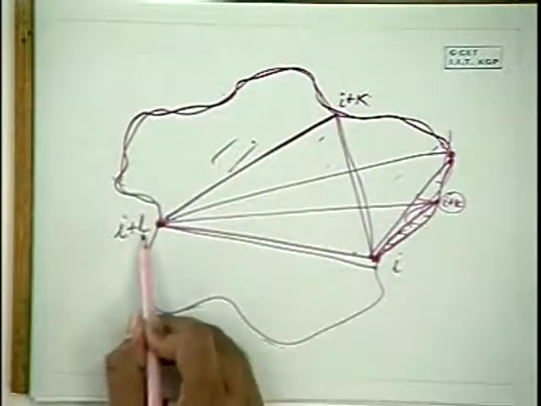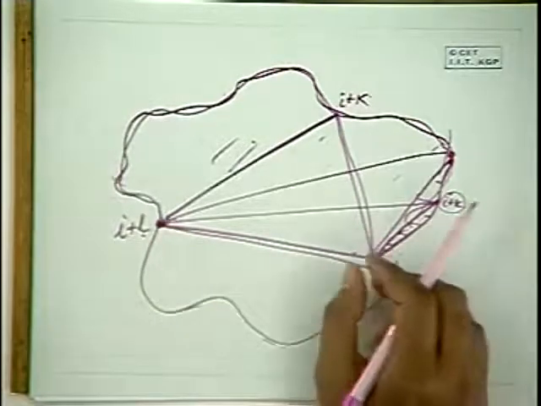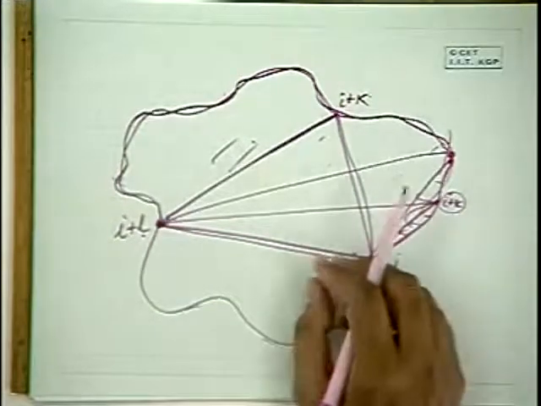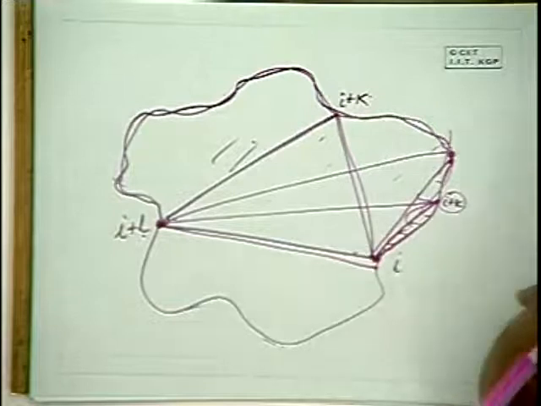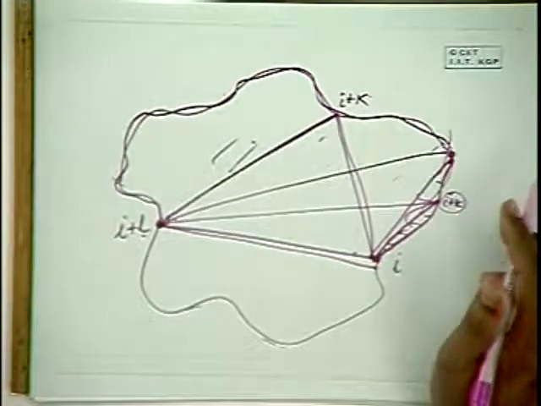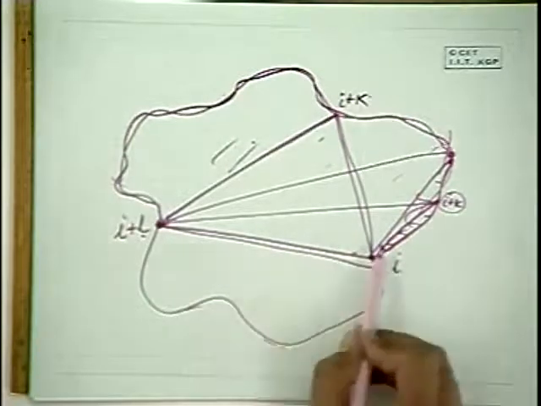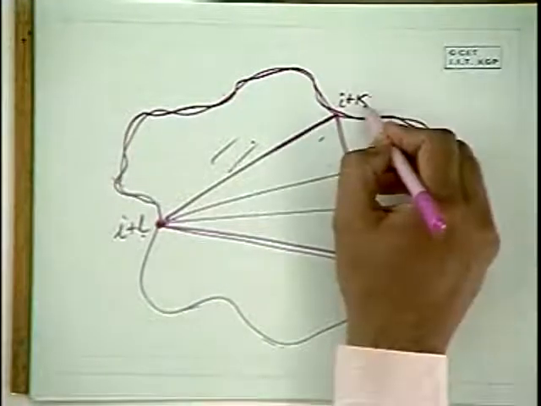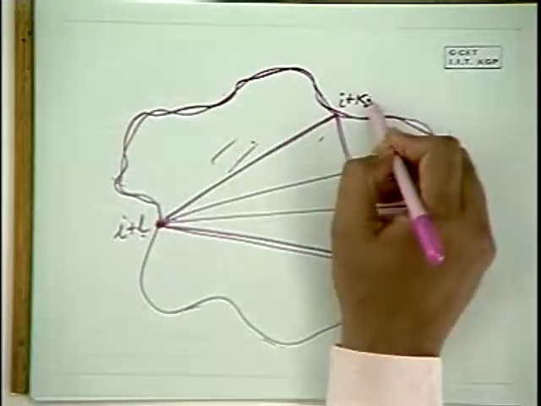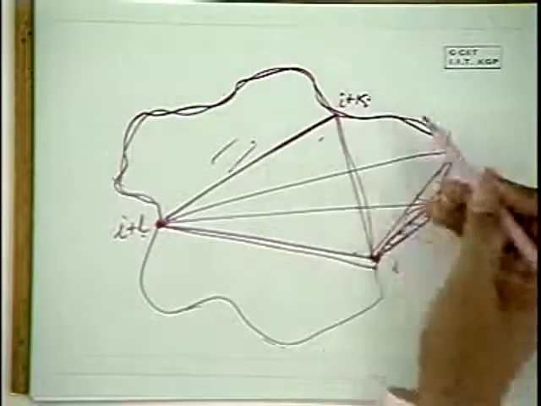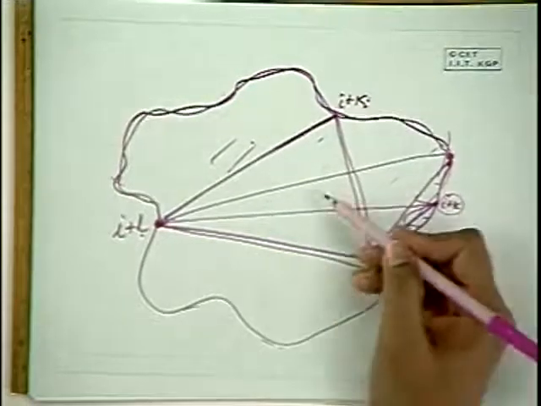Then this L will be varying. First it will be I plus 2 maybe, I plus 3 maybe, I plus 4. L will be increasing, and that is the second variable. And the third variable is your K. Between I and I plus L, you will be varying the variable K. And that gives you the 3 variables.